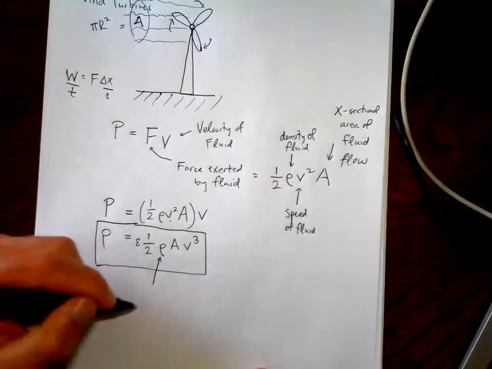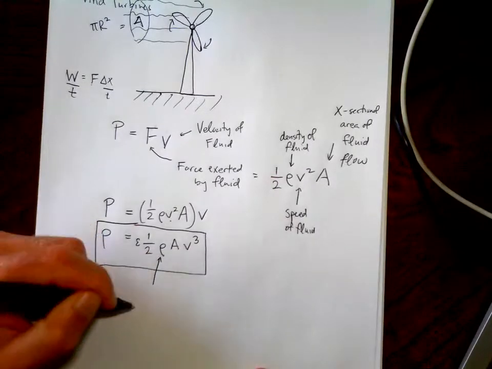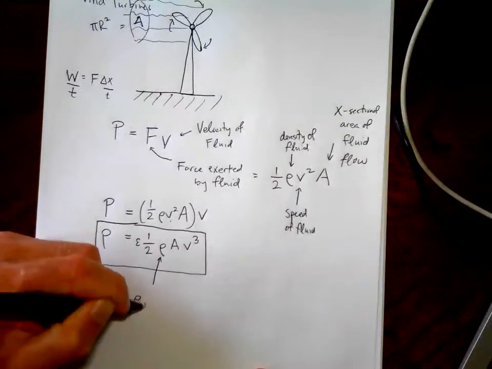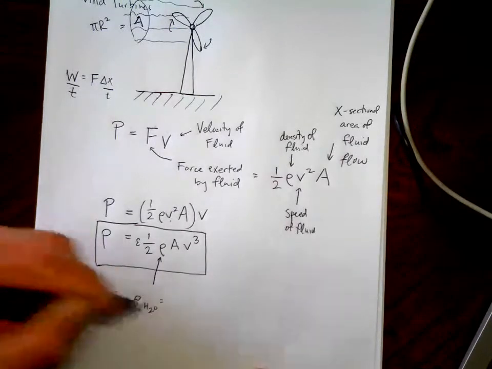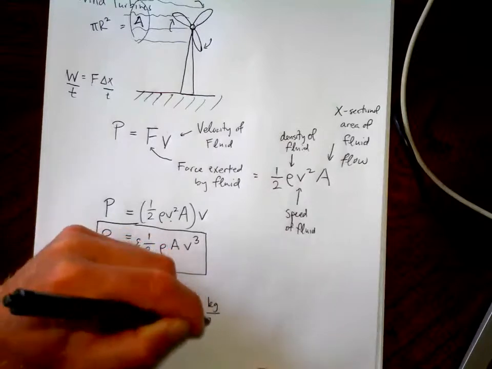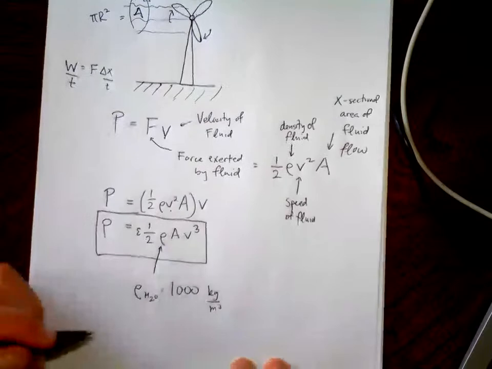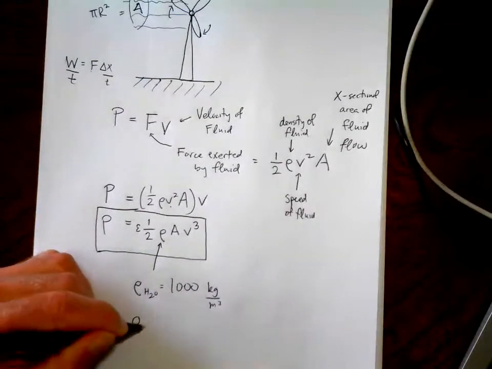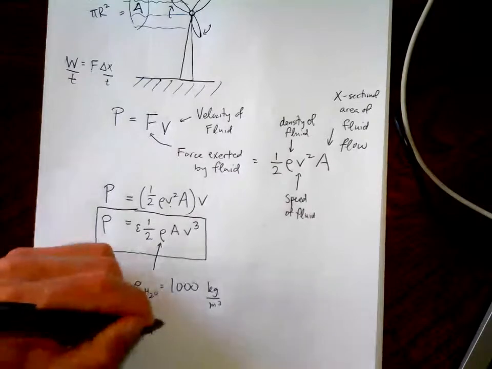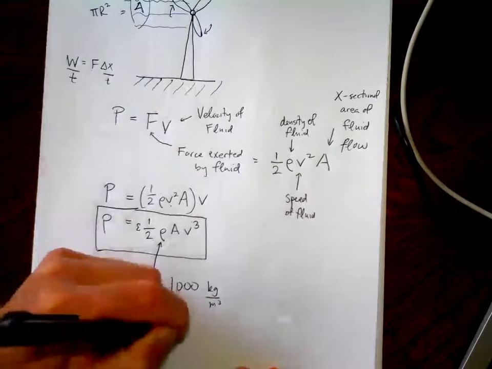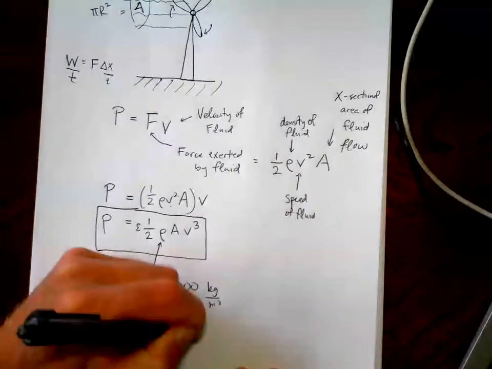If it's water, the density of water is 1,000 kilograms per cubic meter. If it's air, then the density is 1.2 kilograms per cubic meter.